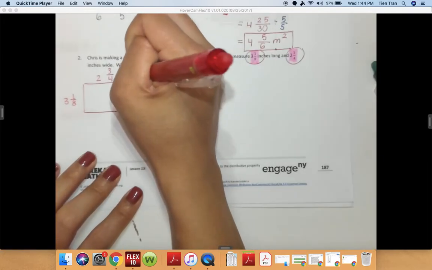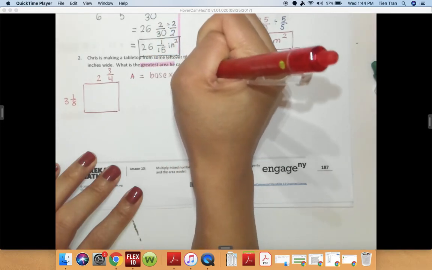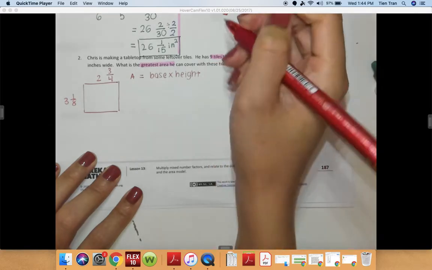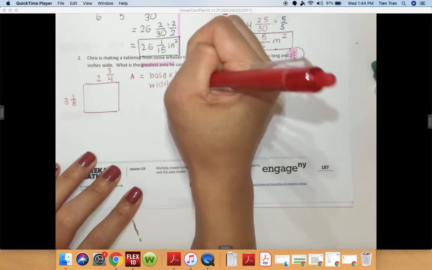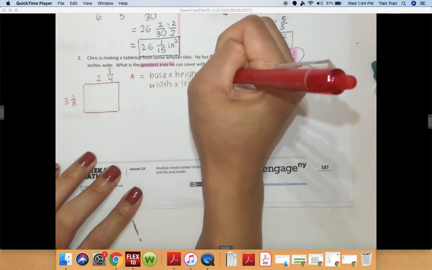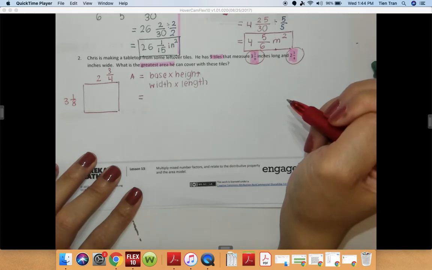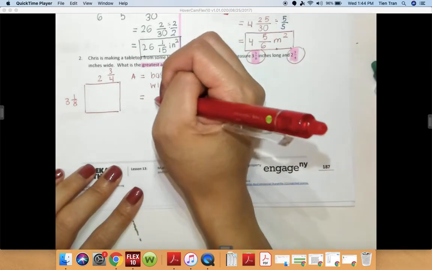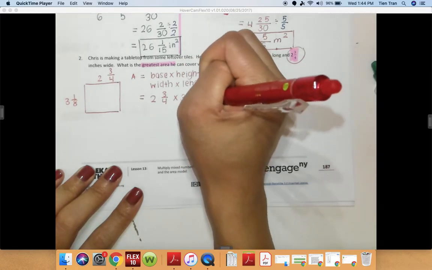Remember, area is equal to base times height, or width times length. So I'm going to multiply my numbers. I have 2 3/4 times 3 1/8.